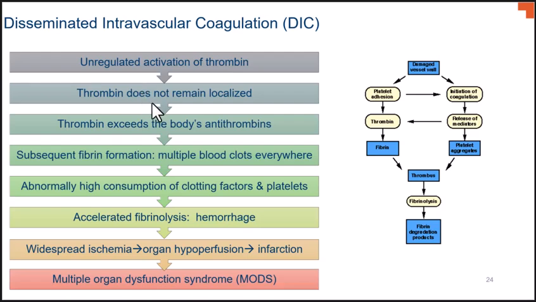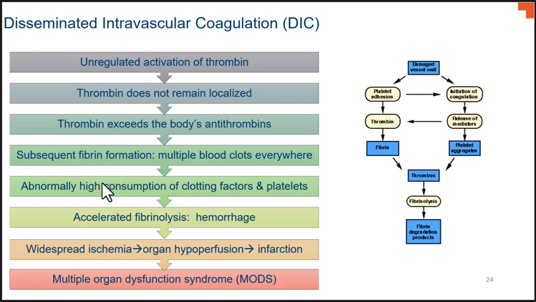It's happening throughout the body. Normally it would just be in one area, but instead we're seeing this throughout. Now, our body possesses antithrombins that prevent overclotting, but in disseminated intravascular coagulation, the thrombin exceeds the antithrombin's ability to effectively slow down the clotting. Multiple clots are going to form all throughout the body.